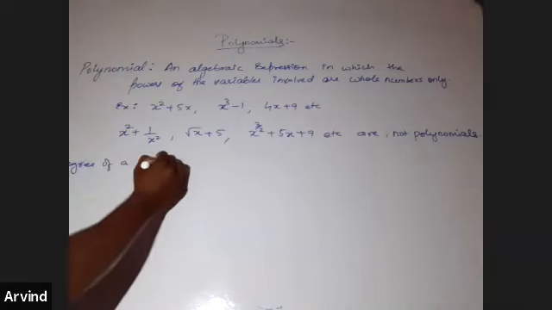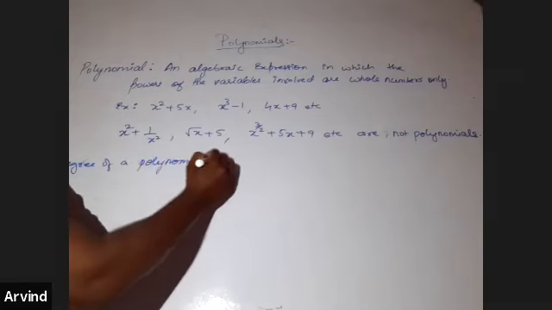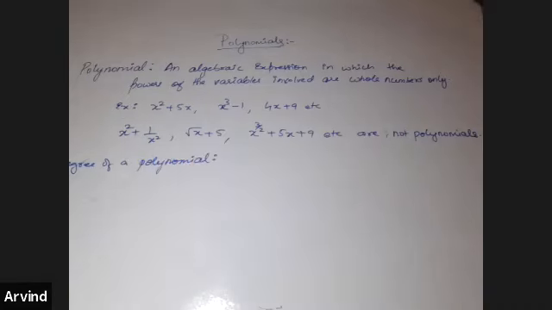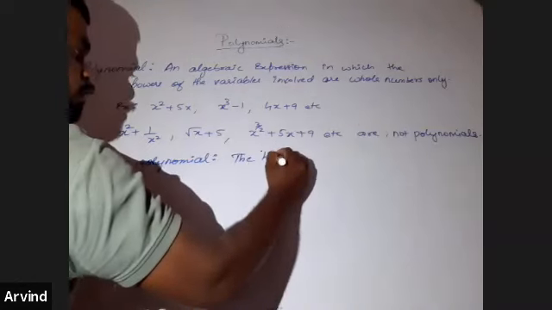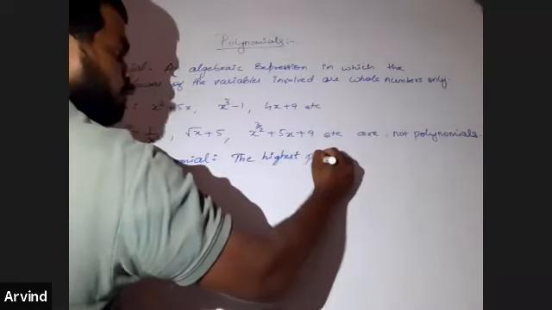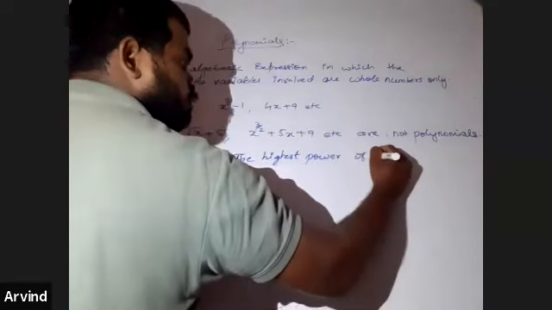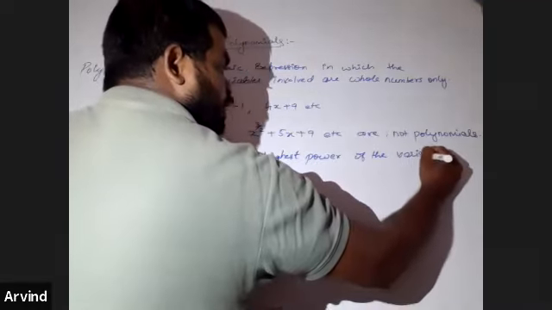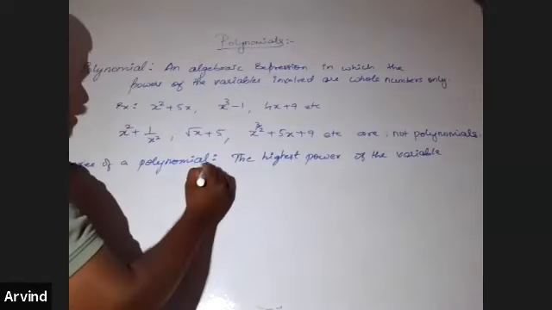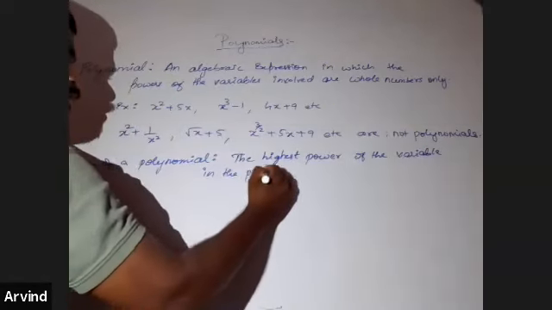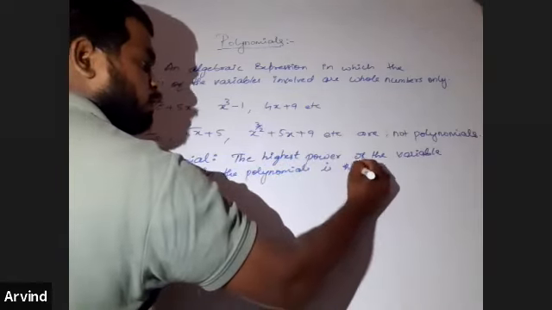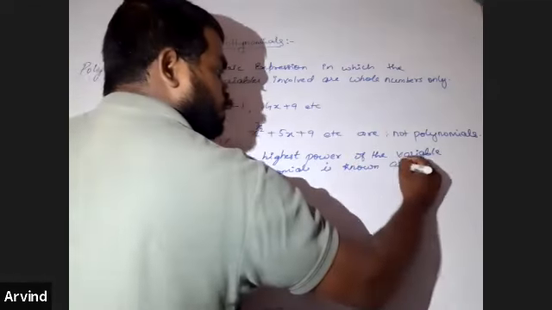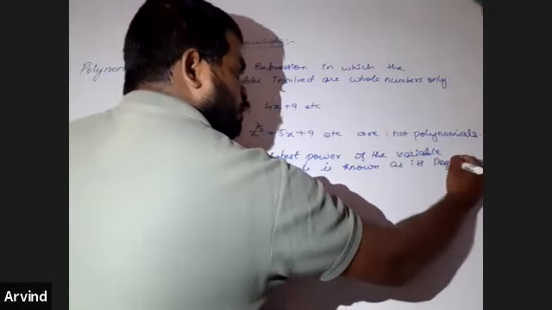Degree of a polynomial. The highest power of the variable in the polynomial is known as its degree.